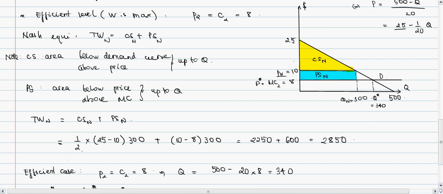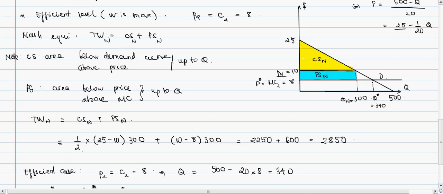So again, consumer surplus is going to be the area below the demand curve above the price, up to the quantity the consumer is buying from the market. This is the price and this is the quantity.